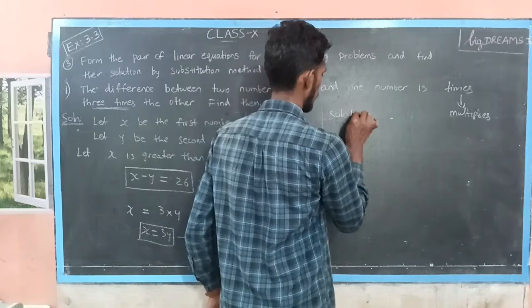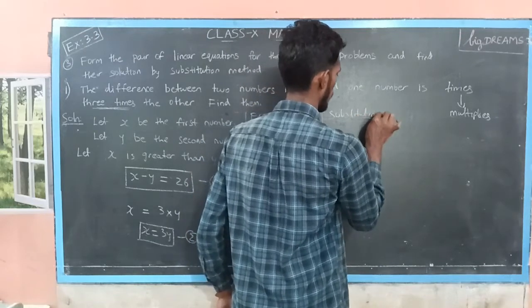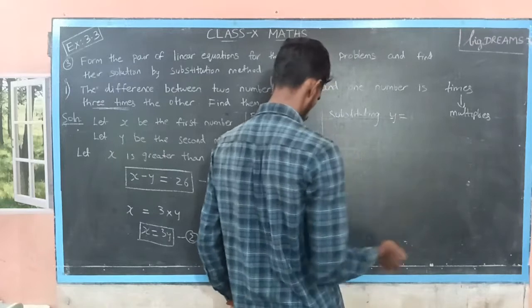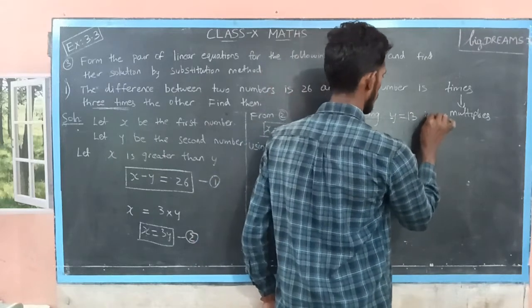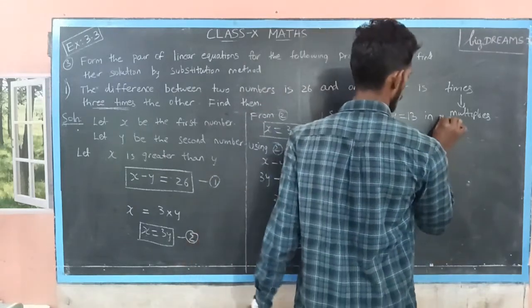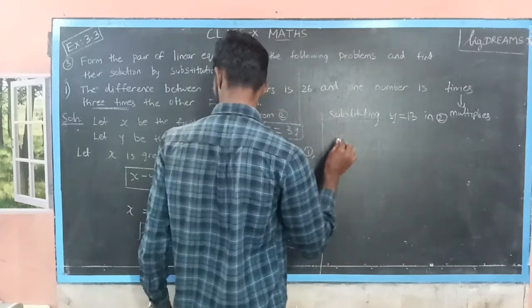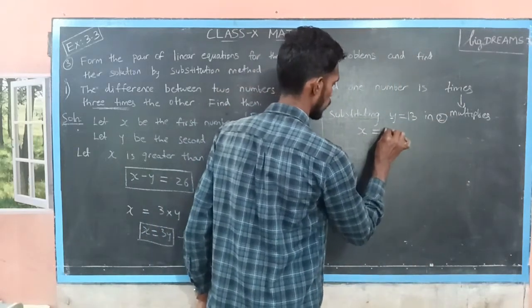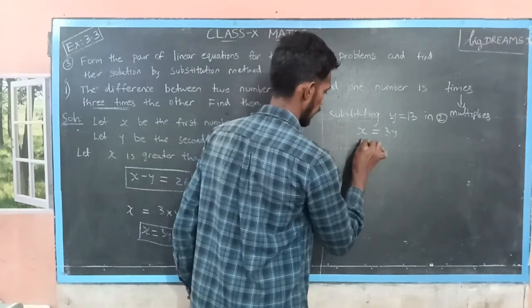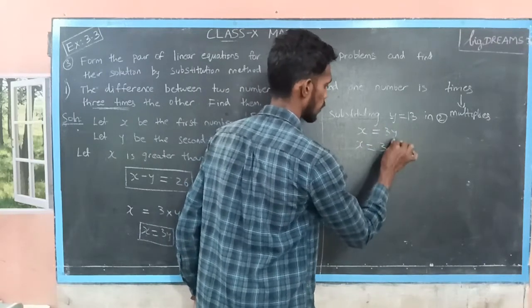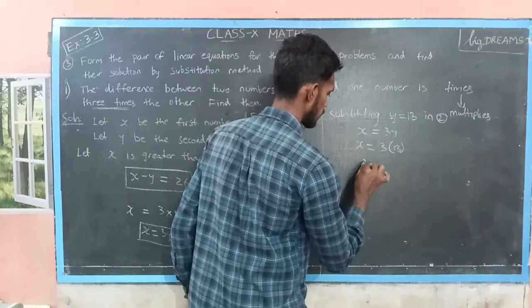Substituting y is equal to 13 in equation number 2. In equation number 2, it is x is equal to 3y. So, x is equal to 3 into 13, which gives 39.